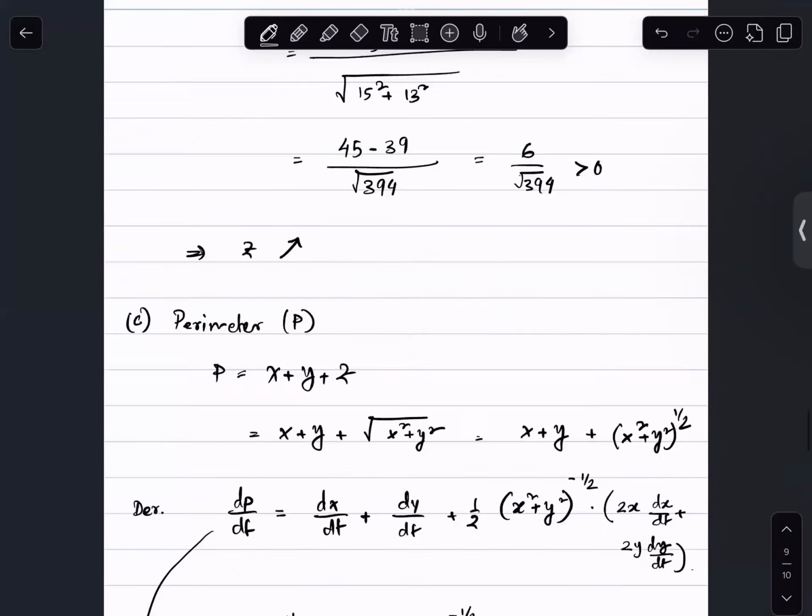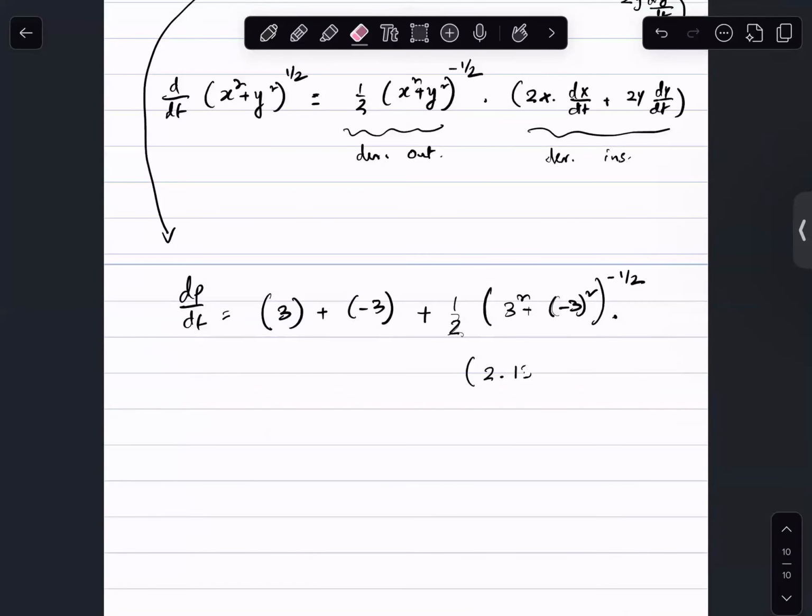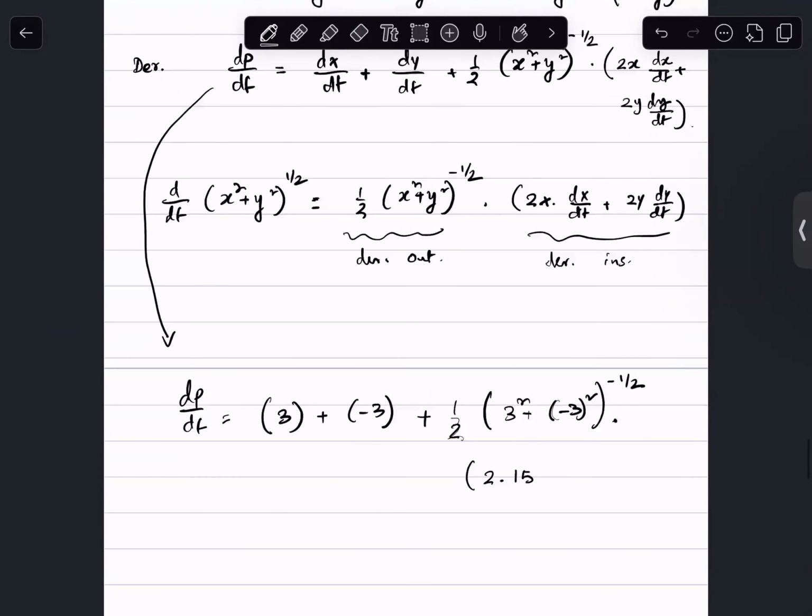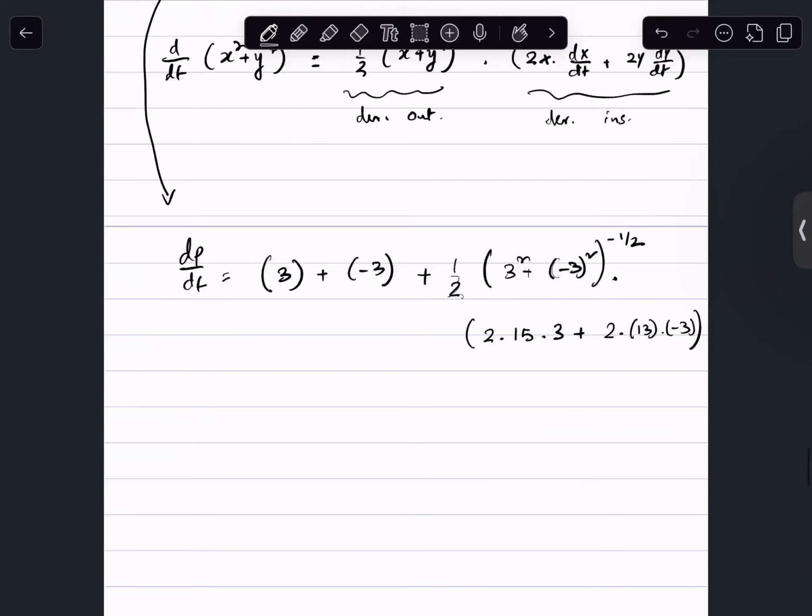No, 15 is the value of x. So 15 times 3 plus 2 times 13 times negative 3. So this is just 0. I get half, then 18 to the negative half.